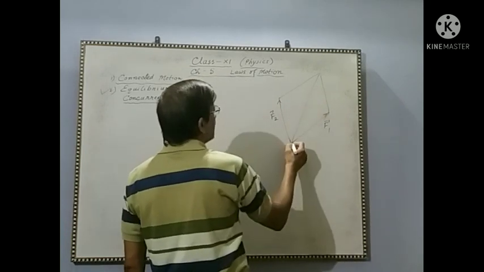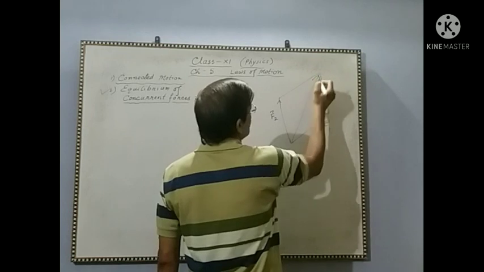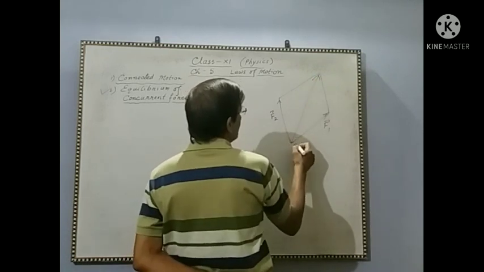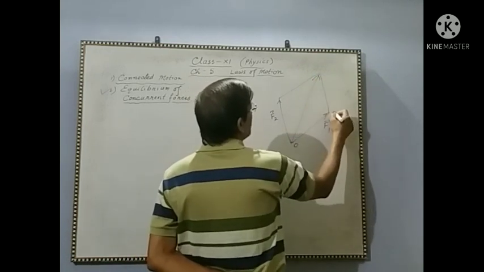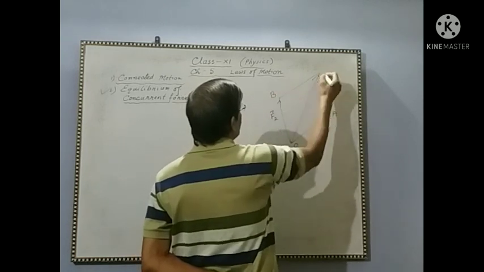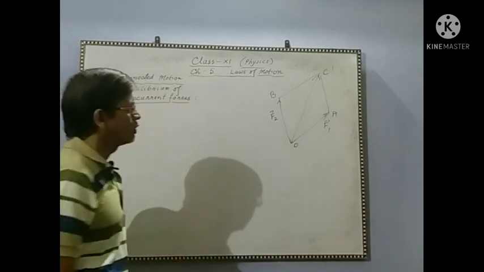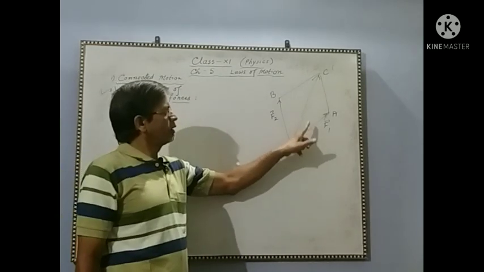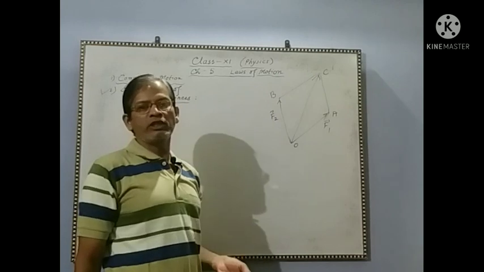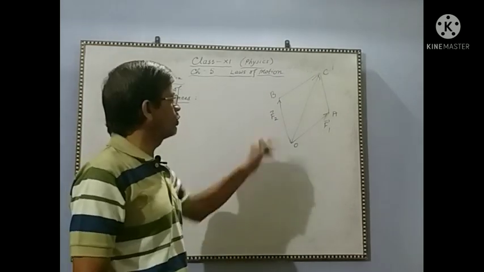This is the resultant of these forces. Say this is O, A, B, this is C dash. So the OC dash vector is the resultant of the two forces.